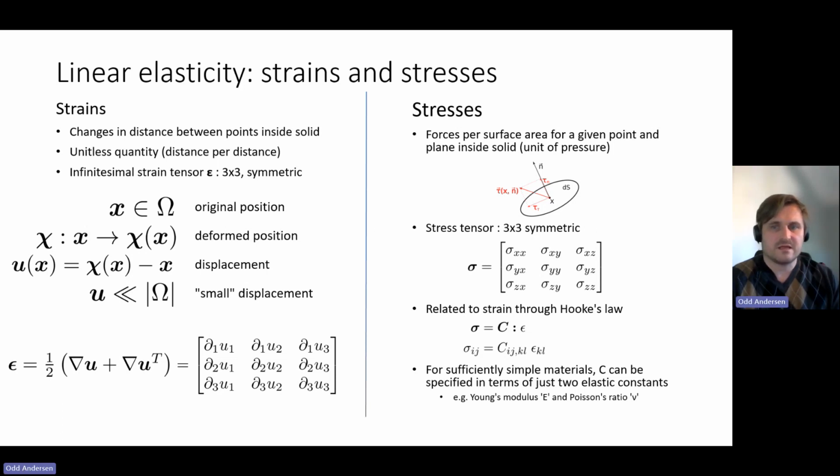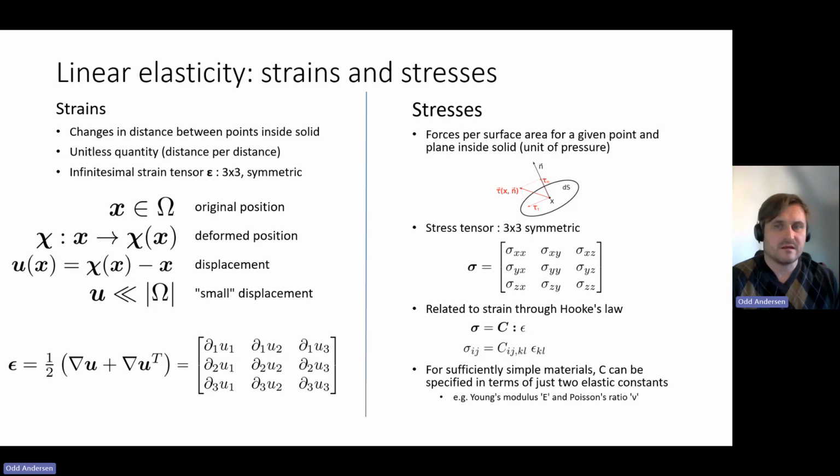Strains have orientations, and a 3x3 strain matrix captures the strain state in 3D space. This is a symmetric matrix that can be diagonalized to identify the three principal strain directions and magnitudes. Stresses, on the other hand, express internal forces per unit area, and they thus have the unit of pressure. The stress state at a point in a solid can be expressed as a 3x3 matrix.